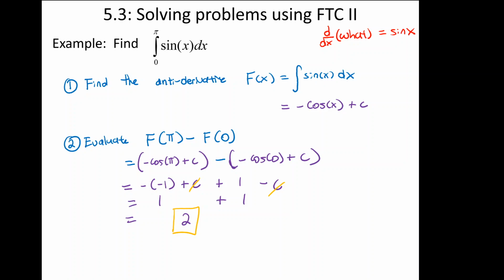So it's kind of miraculous that we can do a problem like this that is very challenging to complete geometrically, or by brute force with a summation formula. And it's relatively easy to do with this fundamental theorem.